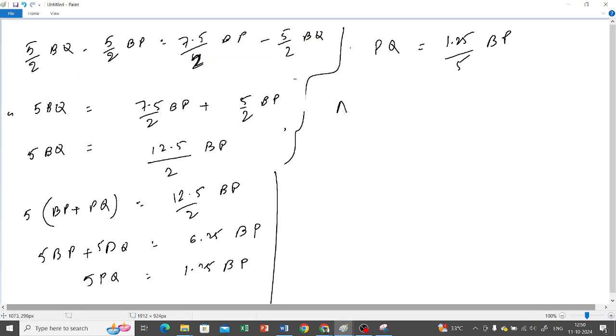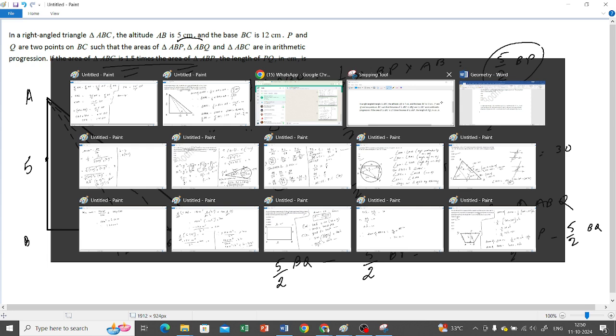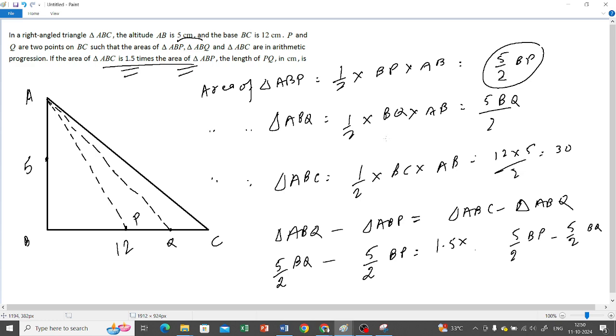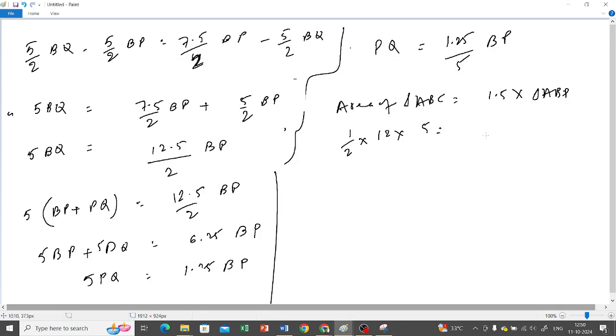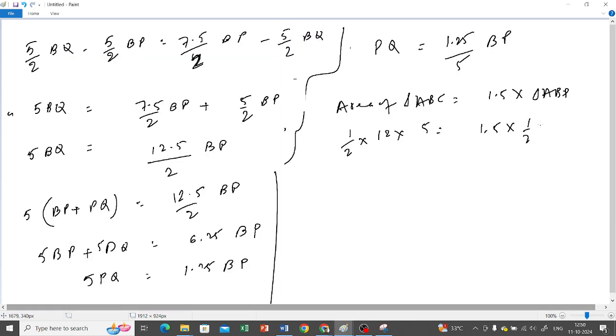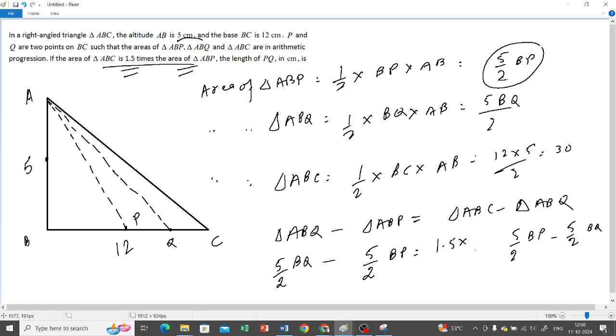The area of triangle ABC is 1.5 times the area of triangle ABP. So half into base 12 into 5 equals 1.5 into ABP. I have already calculated the area of ABP, it is 5 by 2 BP.